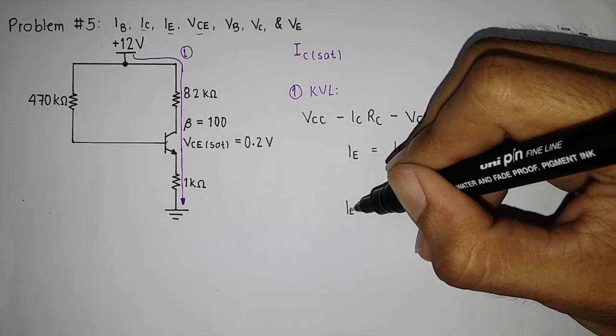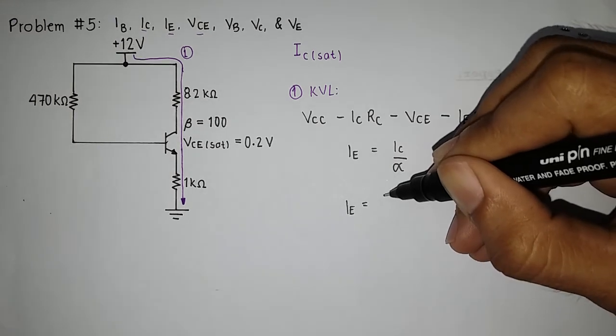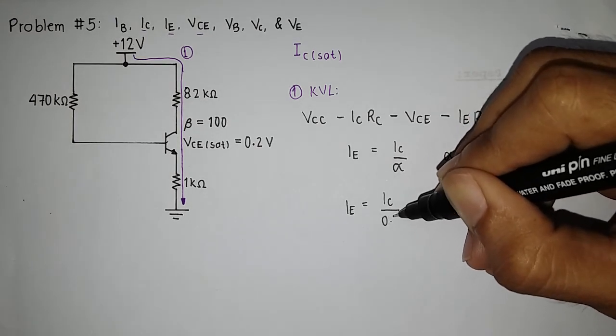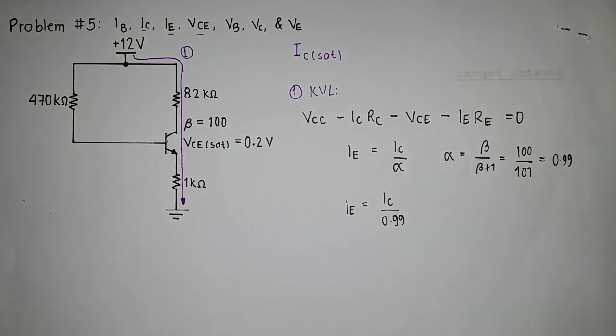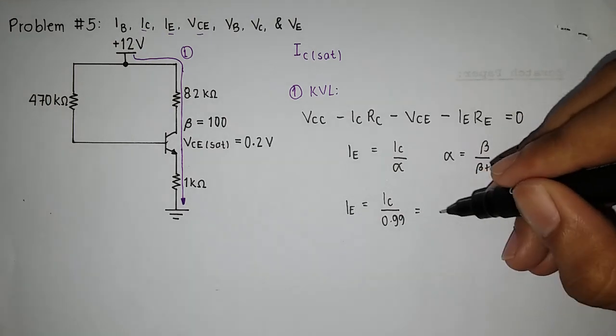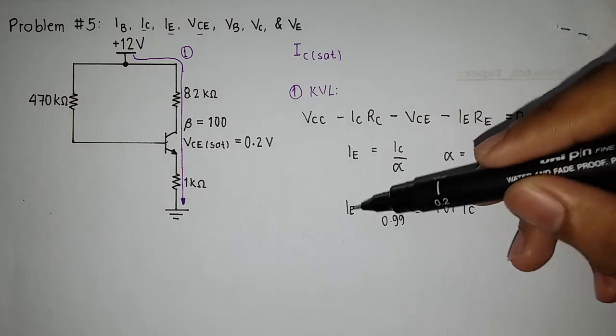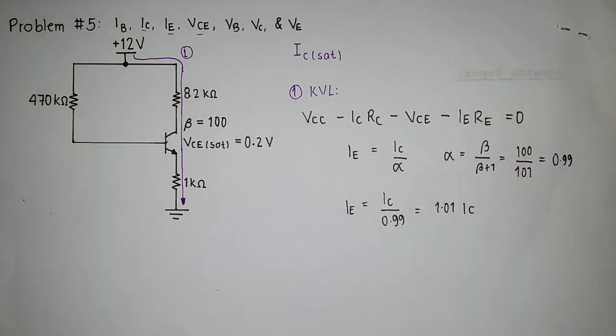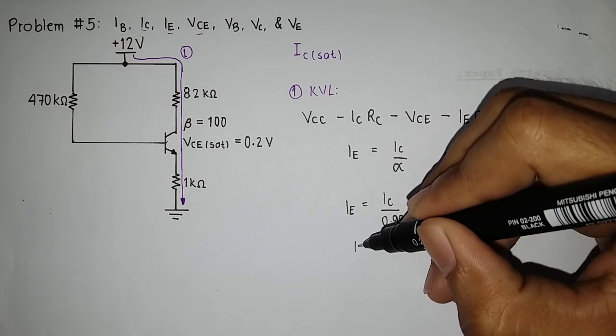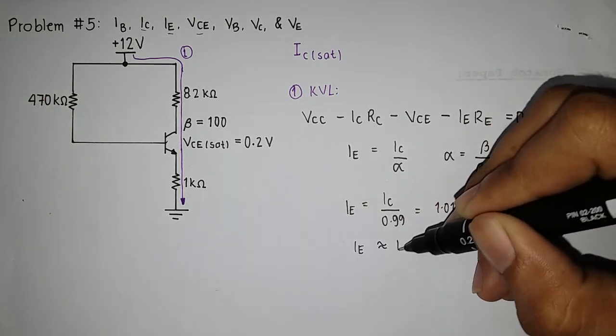And IE is equal to IC divided by 0.99, or equal din siya sa 1.01 IC, which is approximately equal lang silang dalawa. So pwede na lang natin bastang palitan, since IE is approximately equal to IC naman.